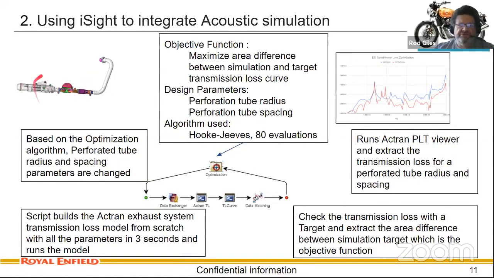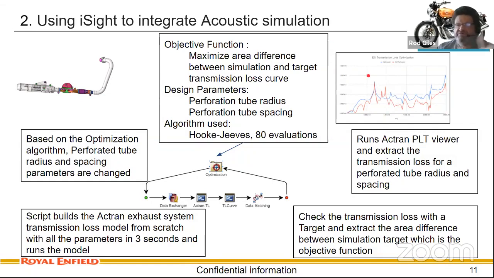So we have an exhaust system here on the top left, and we can carry out an acoustic analysis using some acoustic software that we have to produce the transmission loss curves that you see on the top right.